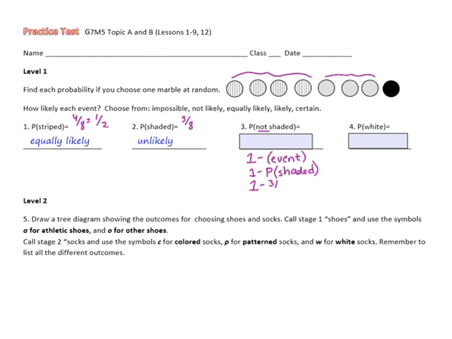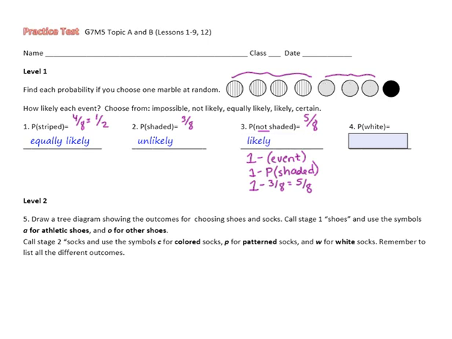So 1 minus 3/8 will give us our answer. The probability of not shaded is 5/8. There are 5 marbles that are not shaded. And the likelihood of that happening? It is likely because it is more than half.